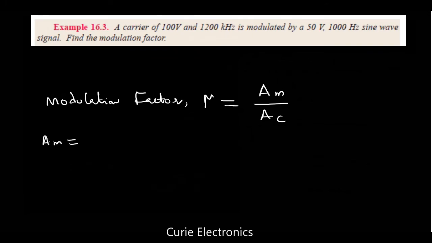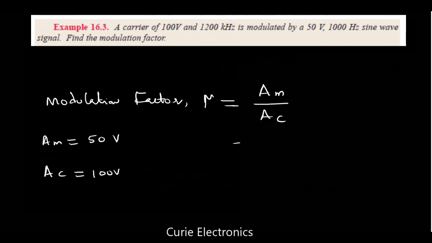The message signal is 50 volt, 1000 hertz, so 50 volt is the amplitude, the peak value. And the carrier signal amplitude is 100 volt.